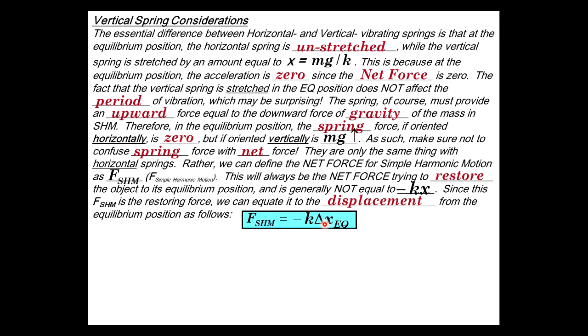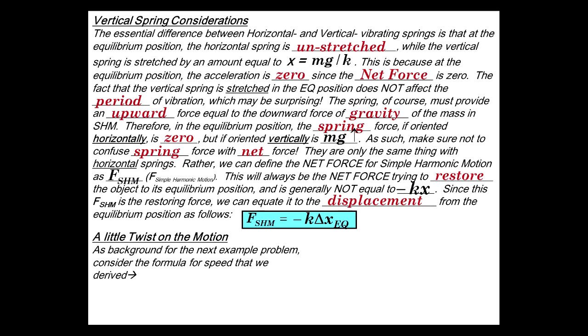So there's the kx idea. But at the equilibrium position, it's just delta x. How much is the spring stretched from the equilibrium position? That's why it's delta x sub eq. All right. If that doesn't make sense, it will shortly.